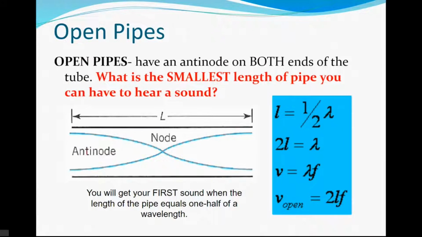So when you have an open pipe, the smallest length of pipe that you can hear a sound is when you have this, and this is actually going to be half of a wavelength as well, because you're going from down here up, and then to go back down again would be another half wavelength. So the length of this pipe is equal to 1/2 wavelength. You can solve for that, and then you can figure out whatever you need from there.